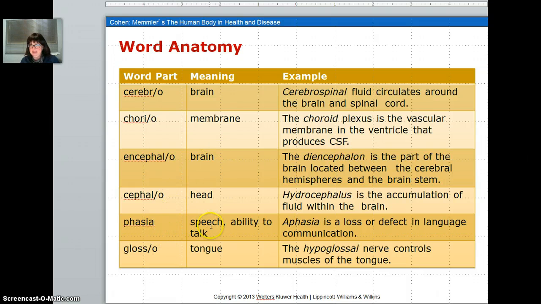Phasia has to do with speech, and glosso has to do with your tongue. Hypoglossal is a tongue nerve. Your epiglottis is above your tongue. Anyway, tongue words. And that is chapter 10 for us.